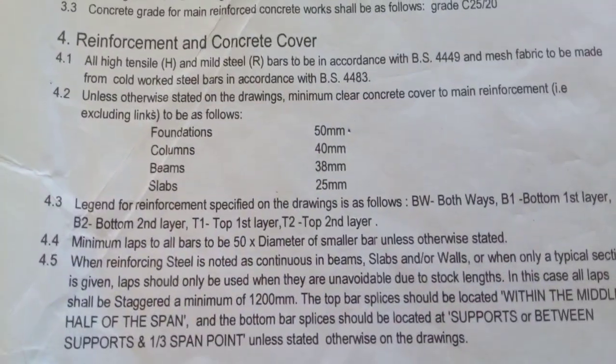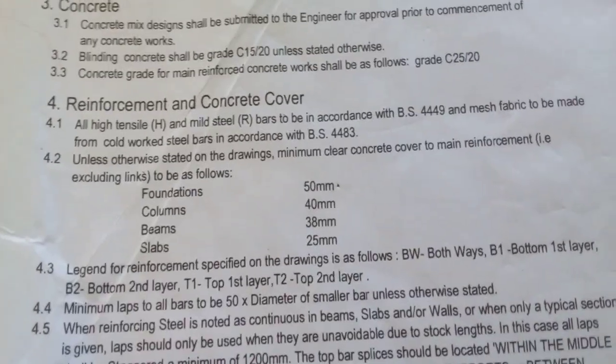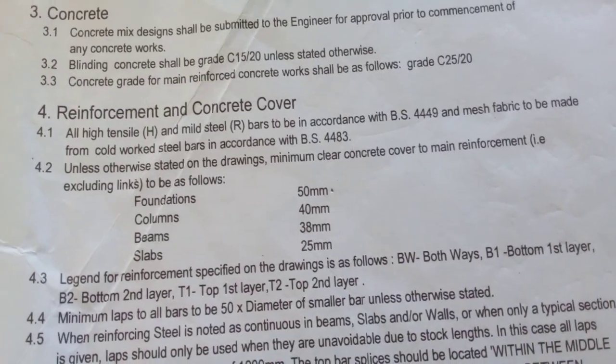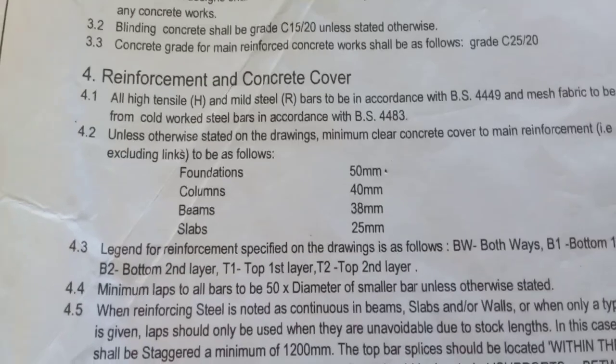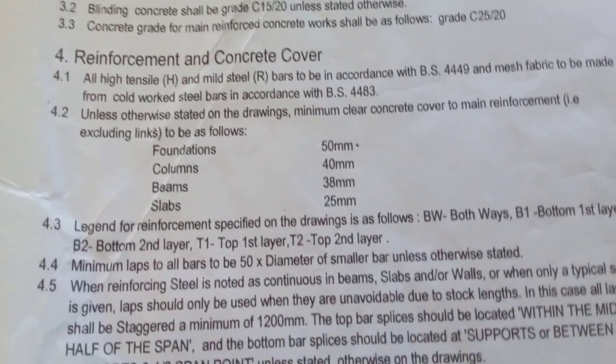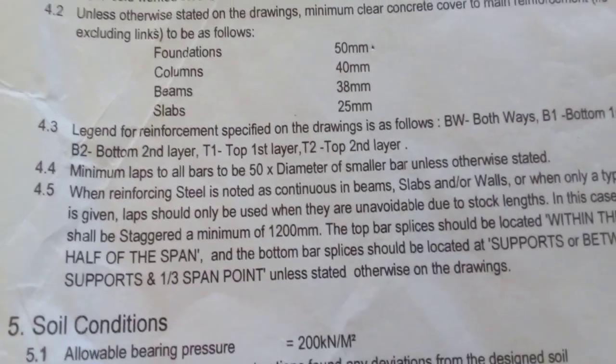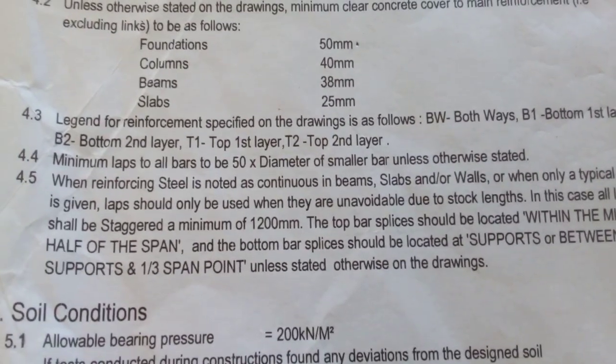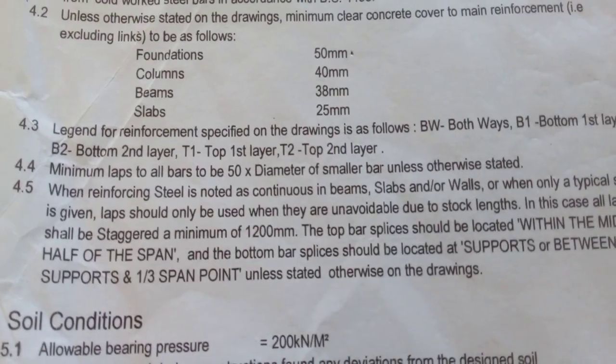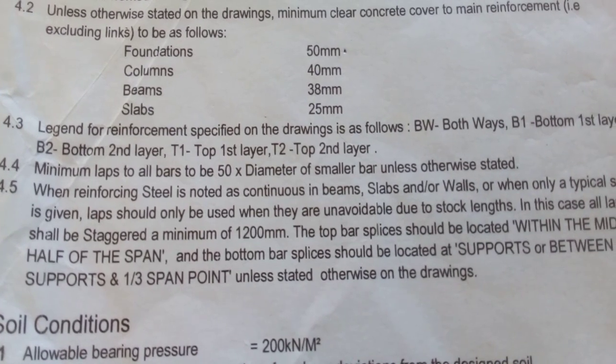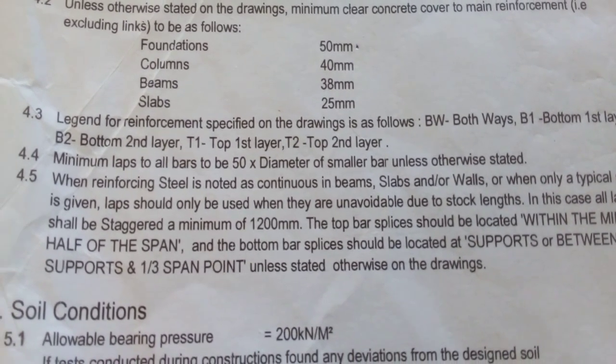And on these notes, for example, we are going to look at clause 4, reinforcement and concrete cover. So under clause 4, we have got subclause 4.4, and subclause 4.4 reads as follows: minimum laps to all bars to be 50 multiplied by diameter of smaller bar unless otherwise stated.